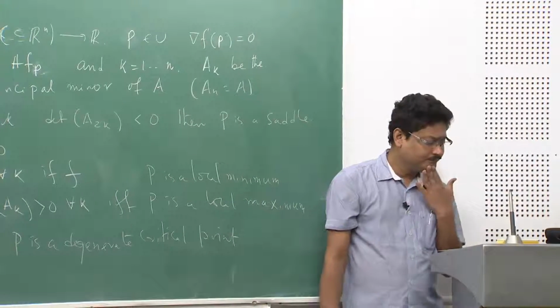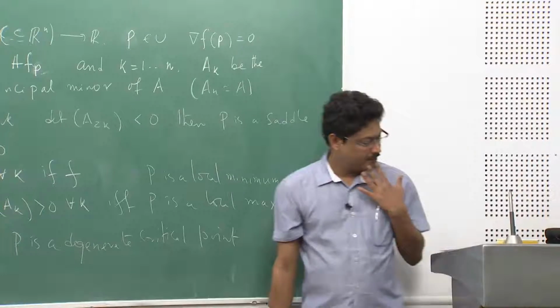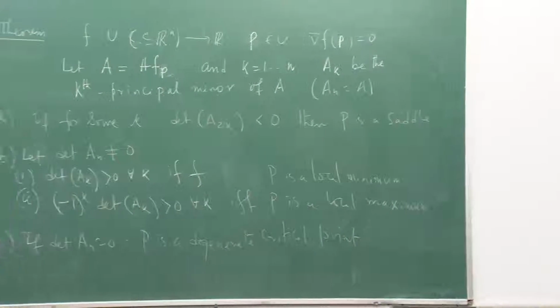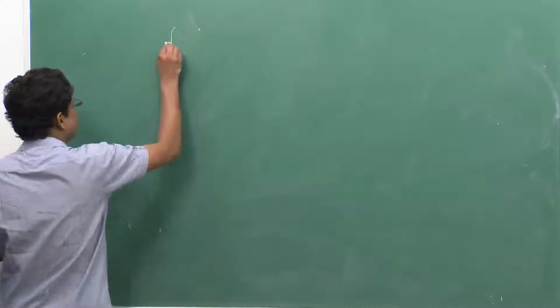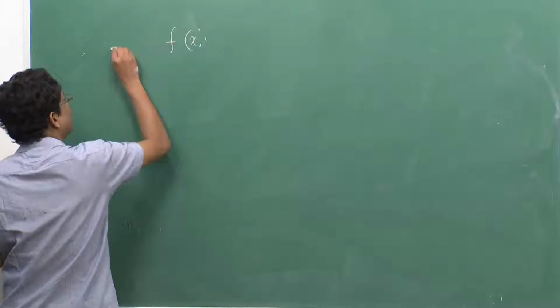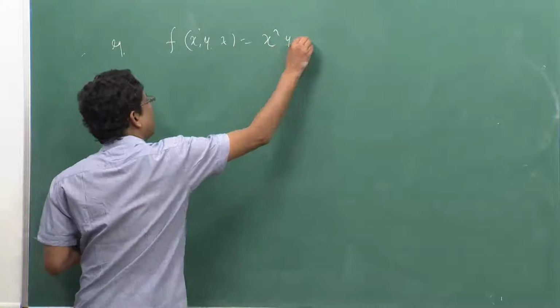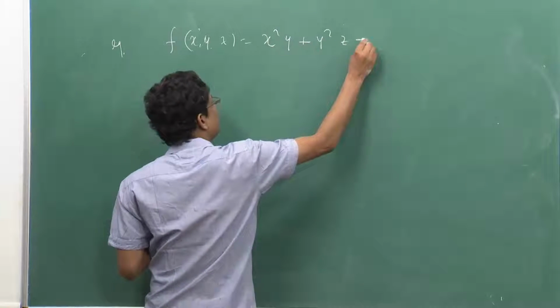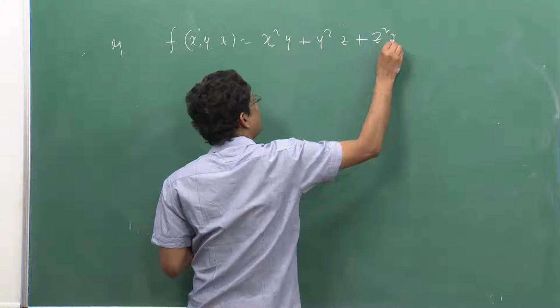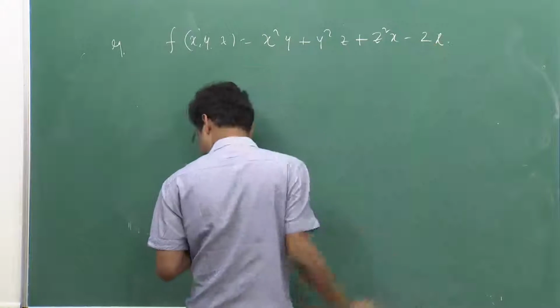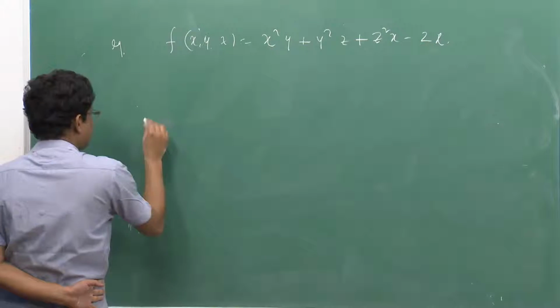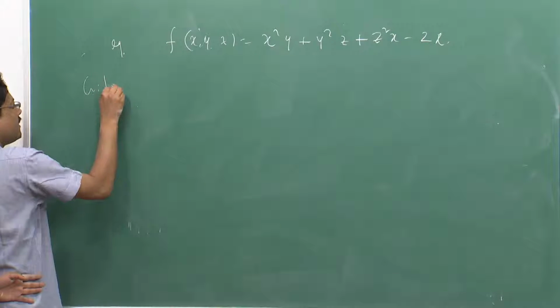Let us take one: x squared, y squared, z squared, z minus 2x. So, first search for critical points.